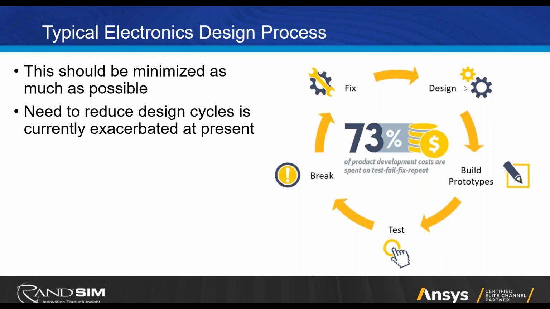Obviously, this should be minimized since it's very expensive and labor intensive. Especially these days, where you might be waiting months for a specific part, you don't want to waste all of your processors that you waited a couple of months to get on prototypes that aren't going to work anyways. So it behooves us at this present time to do as much as we can in simulation and minimize this design cycle as much as possible.